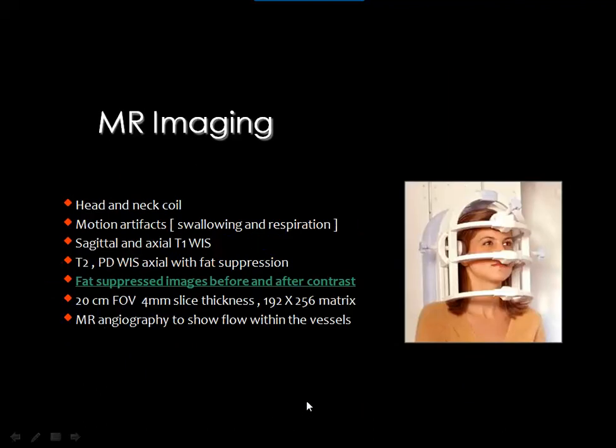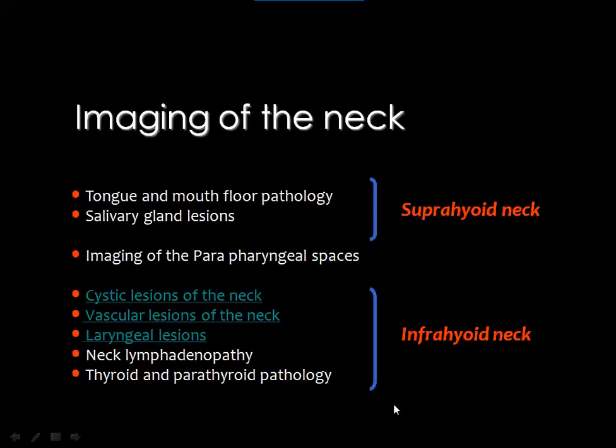The same protocol applies for the MRI using the T1 and T2 weighted images, and we may need the help of contrast media, and in these cases we may have the fat suppressed images before and after intravenous contrast injection.